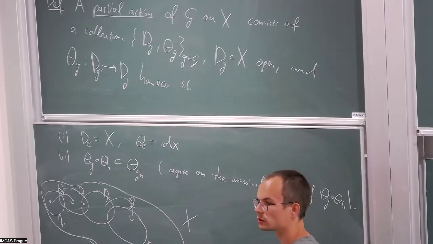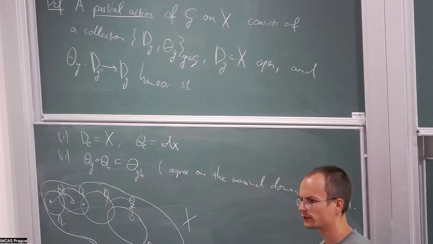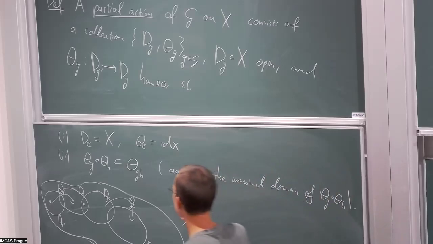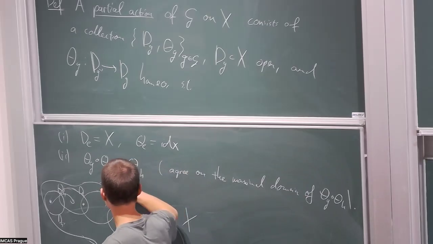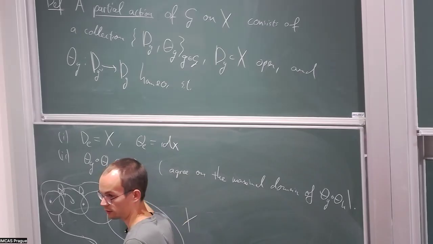I have to say, I don't usually think of it in terms of graphs, so I'm not sure if I understand that point. But I think this is supposed to mean that whenever this is defined, this is also defined, and they agree, basically. Okay. Like for all points.